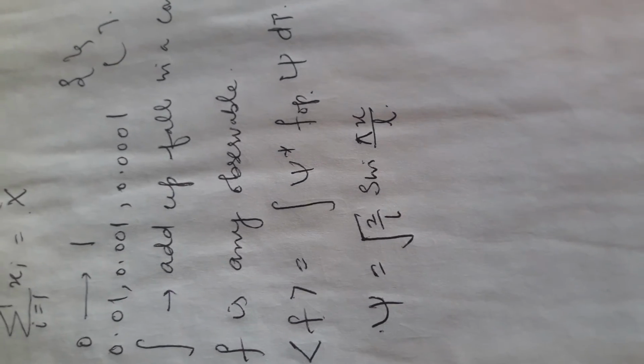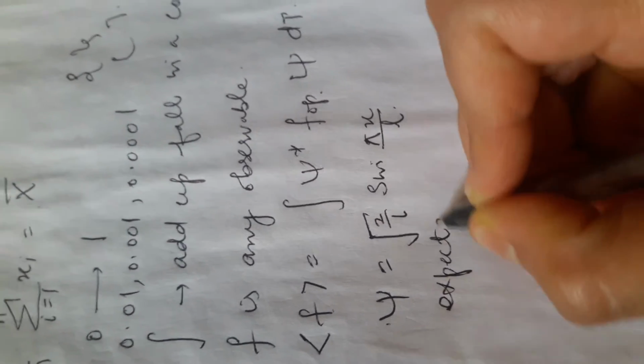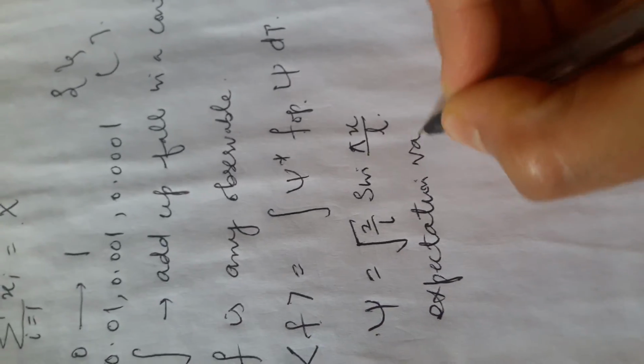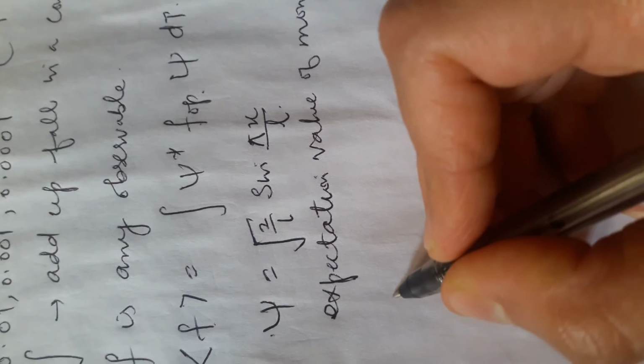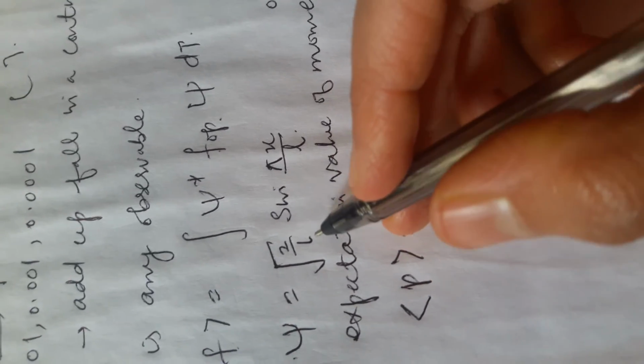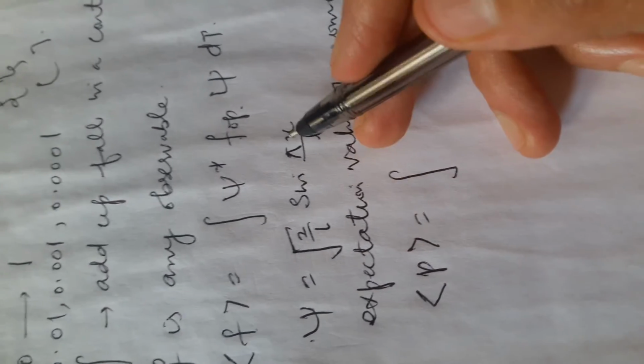Now we are interested in the present case to find the expectation value of momentum for a particle in a one-dimensional box of length L. So let's do that. We know that the expectation value of momentum is given by the integral. Look at this expression, we will follow the same. For psi star, again I told you there is no complex quantity here, so there is no factor like iota and other things.